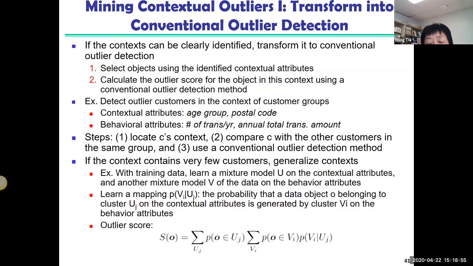One example way of doing this is to, with the training examples, learn a mixture model U. Again, this is EM. When you look at learning a mixture model, the word EM should pop up in your mind, the expectation maximization algorithm. We first learn a model U on the contextual attributes, then we learn another mixture model V on the behavior attributes.